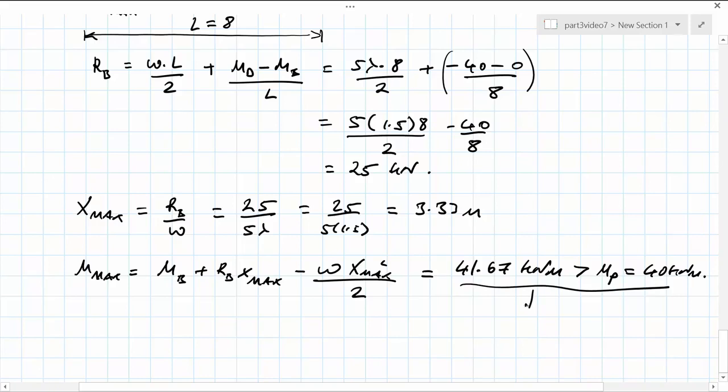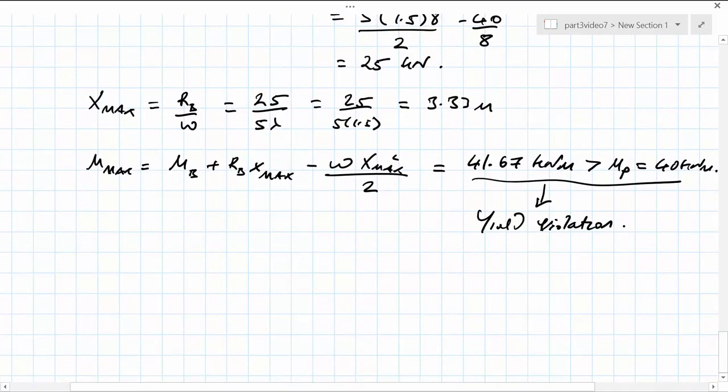So, as a result of this, we have a yield violation. So as a result, we need to scale down the moments, and subsequently we also need to scale down lambda c.